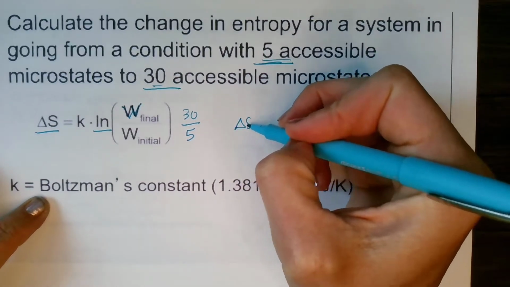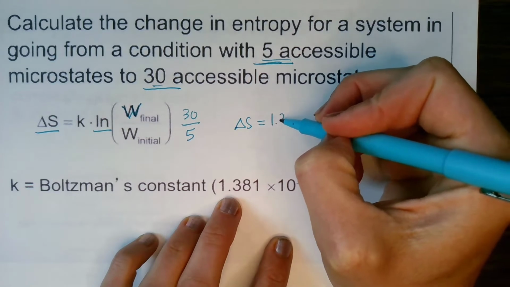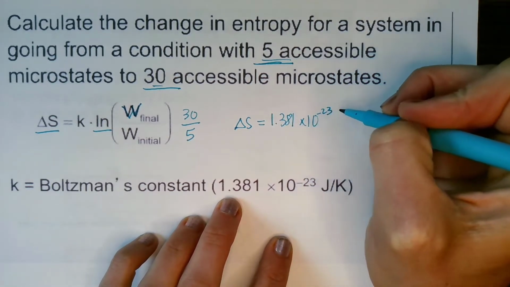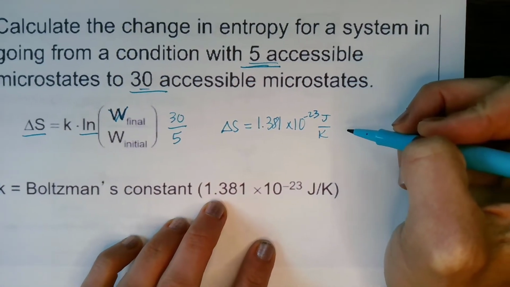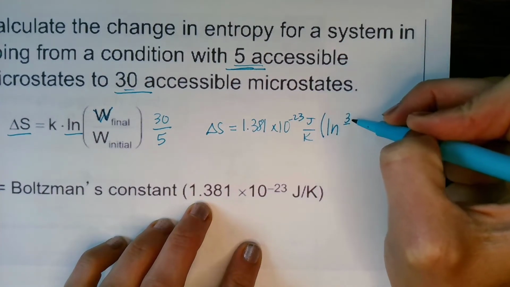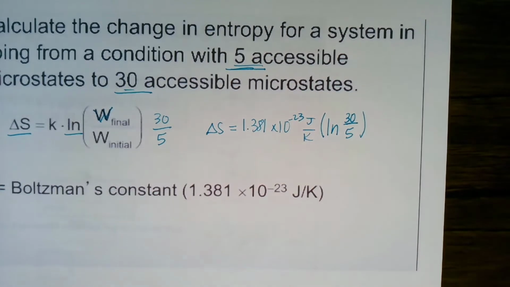So we have final over initial. Final was 30. So let's write this out. Our delta S is equal to Boltzmann's constant, which is 1.381 times 10 to the negative 23rd joules per Kelvin, times the natural log of 30 over 5.